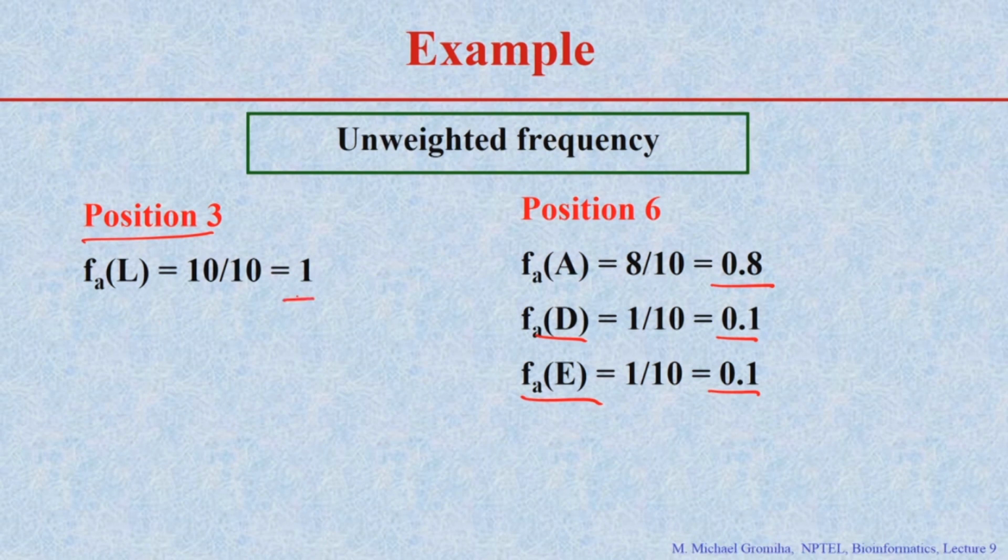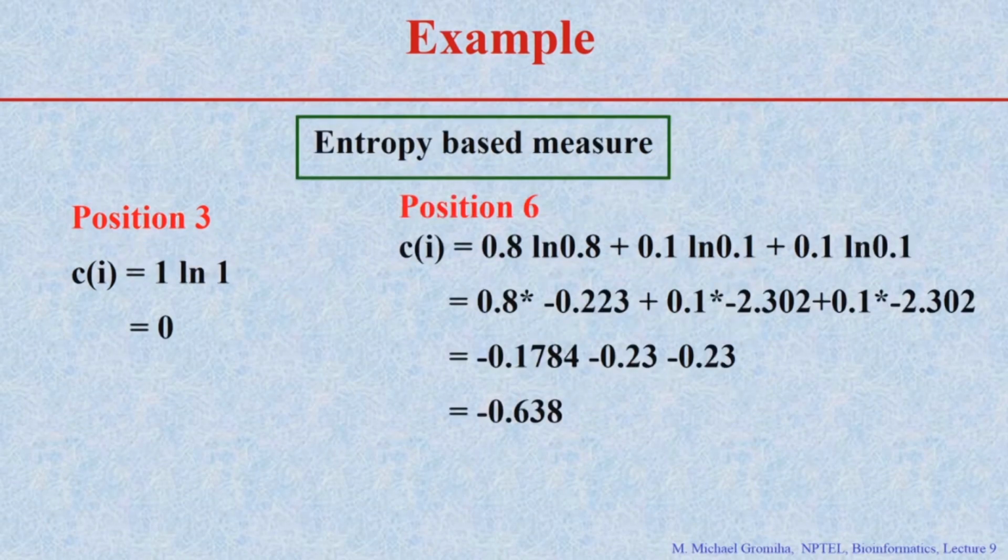Now, we convert these frequencies into scores. If we take the entropy based method, C of I, the score is 1 into logarithm of 1, which is equal to 0. For position number 6, the equation is the sum of f of I into logarithm of f of I, where I varies from 1 to 20.